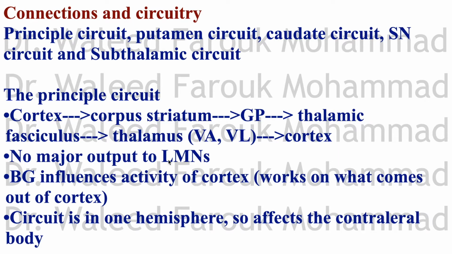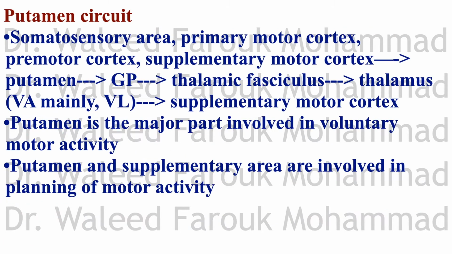It's only a link in the cortical loop, and they influence the activity of the cortex by being in the middle of the command outflow like that. It works on what comes out of the cortex, and the circuit is in one hemisphere, so it affects the contralateral body. This is the principal circuit of the basal ganglia.